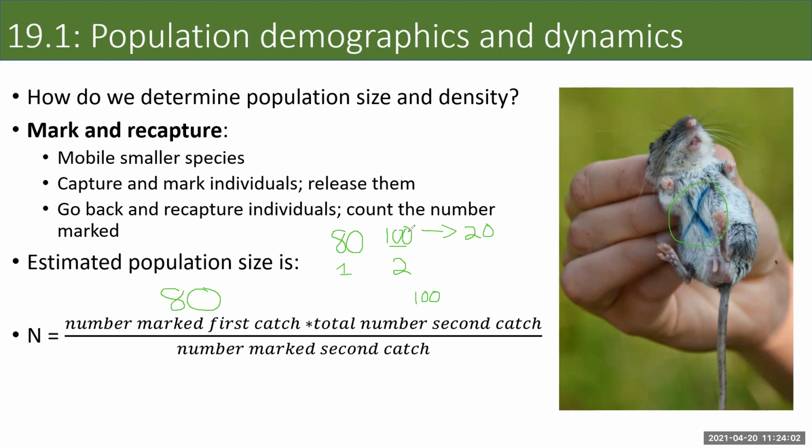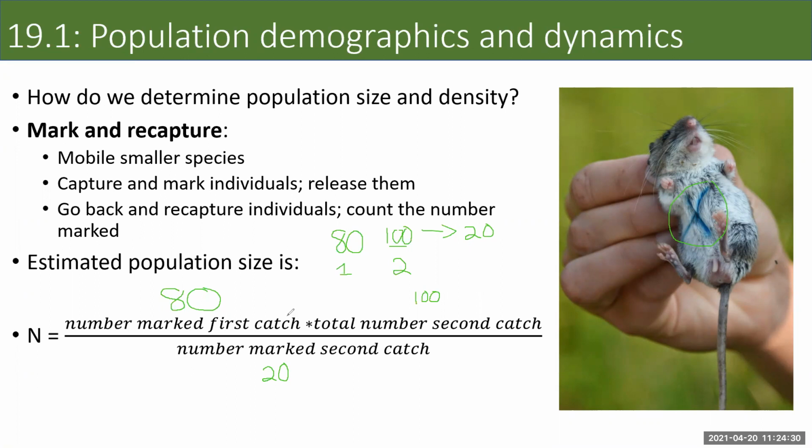They weren't marked, right? Now knowing these numbers, we can extrapolate, based off of this formula, to total population size. This is what this formula is letting us do based off of those ratios. The denominator is the number marked in the second catch. So we saw 20 marked individuals in our second catch.